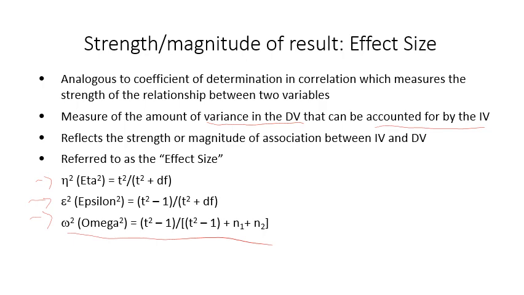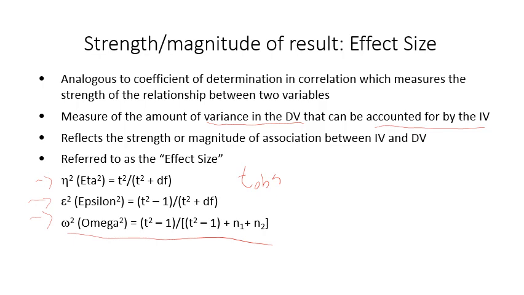Each of these is done with t-tests because you need a t-value, a t-observed statistic. These aren't the t-critical values, these are the observed values you obtain from doing the test. So if you do the test, you get a t-value, then you just have to throw those t values into this formula. The eta squared is just your t value squared divided by your t value squared plus your degrees of freedom.